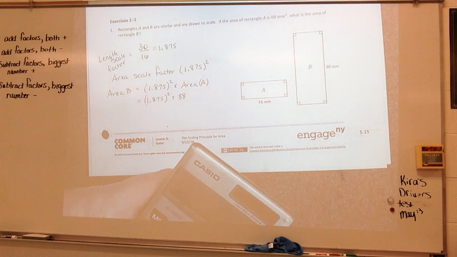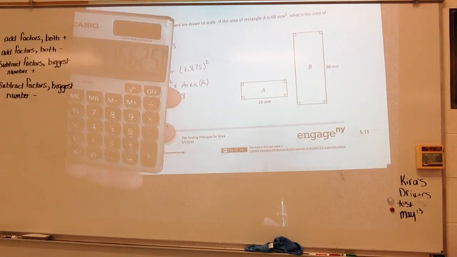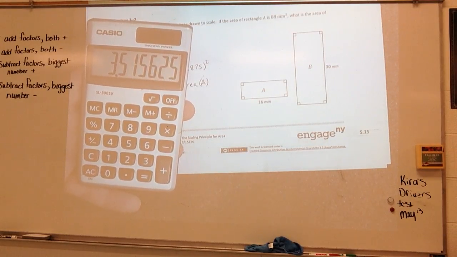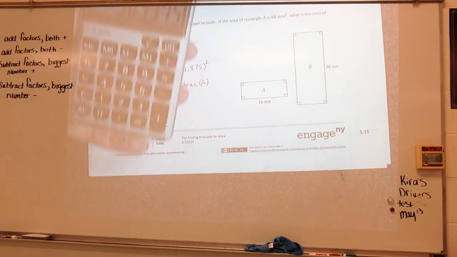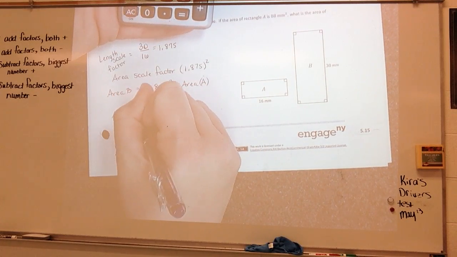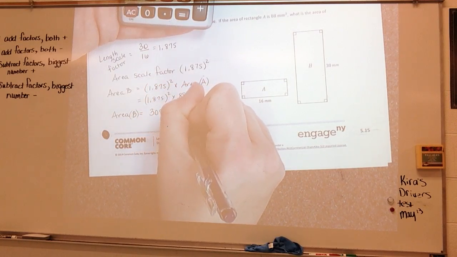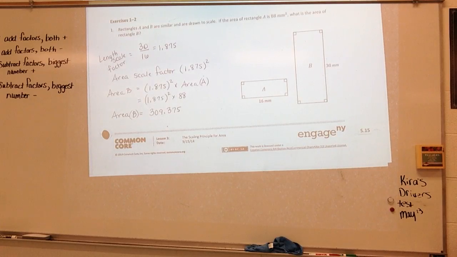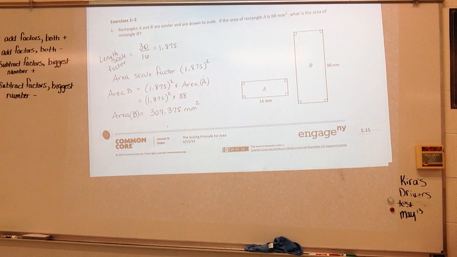Well, 1.875 times 1.875 is 3.515625, times 88 gives me the area of B equal to 309.375, and that would be millimeters squared because I'm dealing with area. Alright?